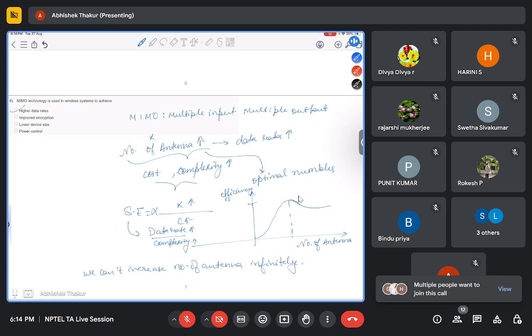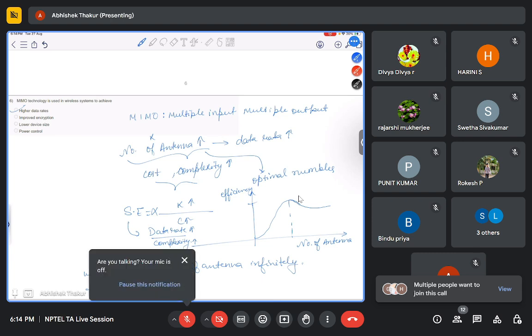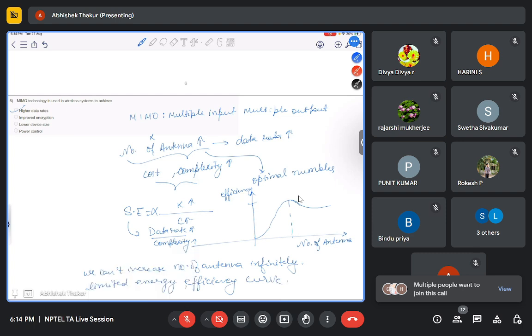This limitation is set by the energy efficiency curve. I have given some other concepts also, but the correct answer is that MIMO technology is used in wireless systems to achieve higher data rate, because it has more antennas.